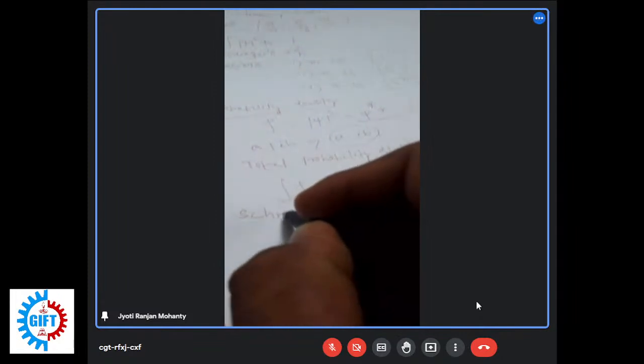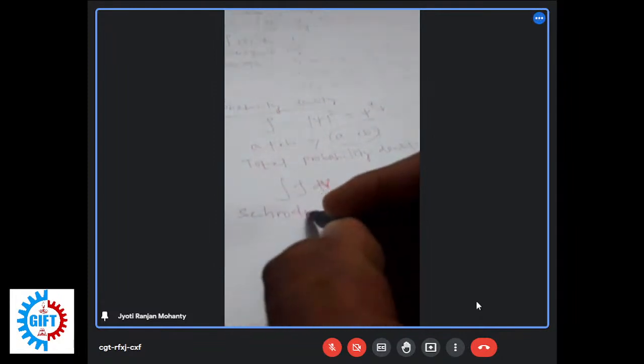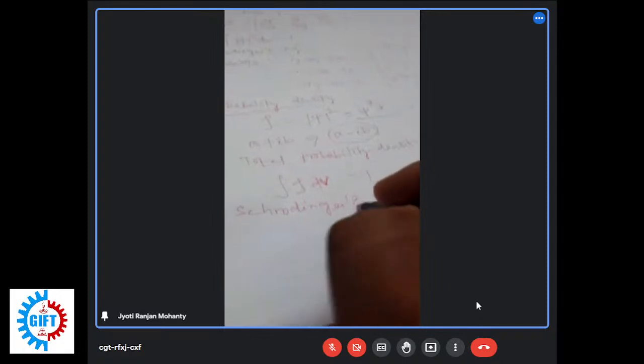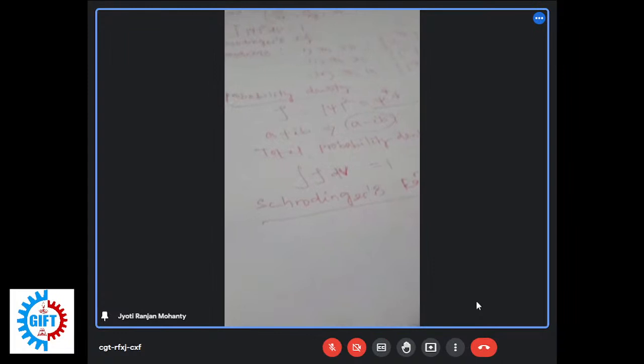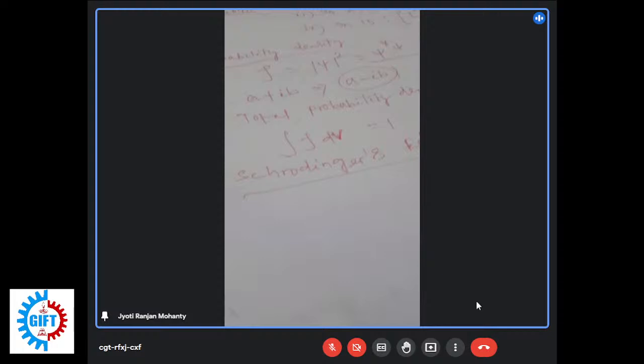Next, Schrodinger's equation. Schrodinger equation means the equation which describes the wave nature of the particle in mathematical form. Schrodinger equations are of two types, time dependent and time independent.